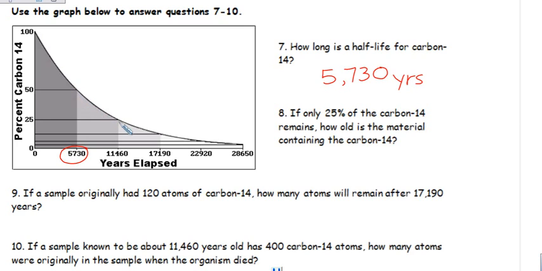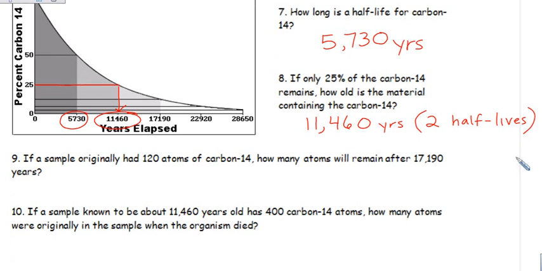Here would be 25%. 25% is the second half-life. Or in other words, 11,460 years. It takes 2 half-lives. And so again, for any sample after the second half-life, 25% remains.